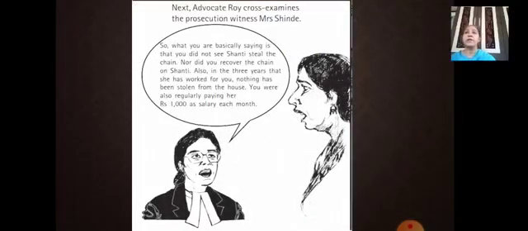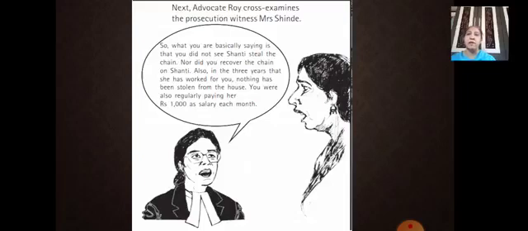Next, Advocate Roy cross-examines the prosecution witness Mrs. Shinde. The advocate of Shanti is going to cross-examine Mrs. Shinde. So she asked her, what you are basically saying is that you did not see Shanti steal the chain.